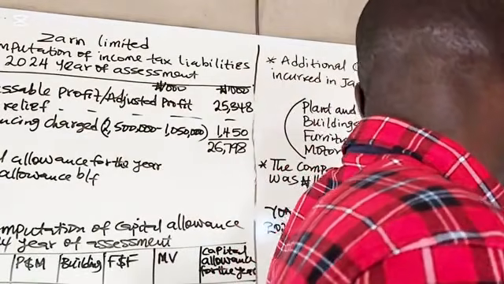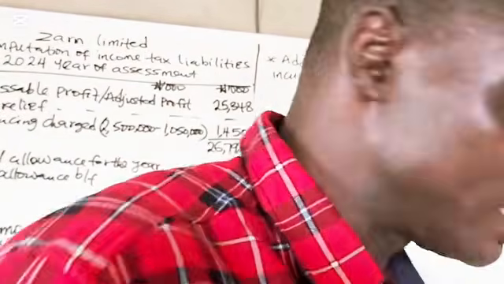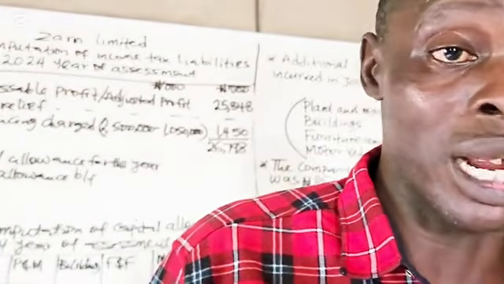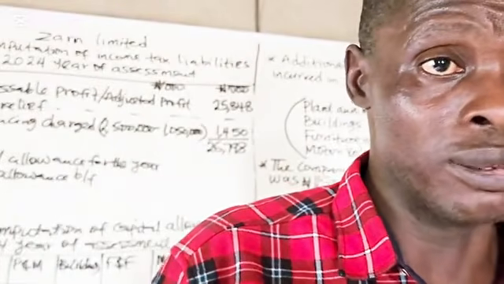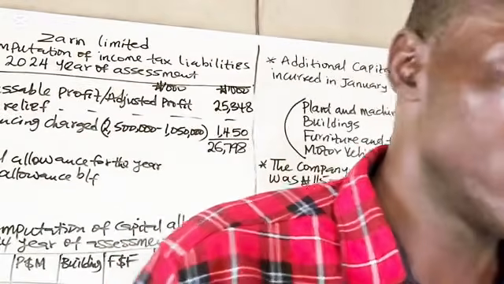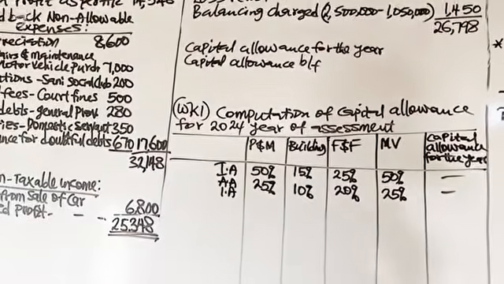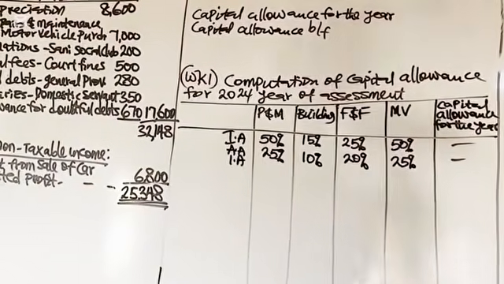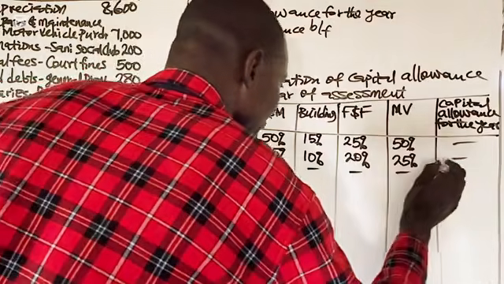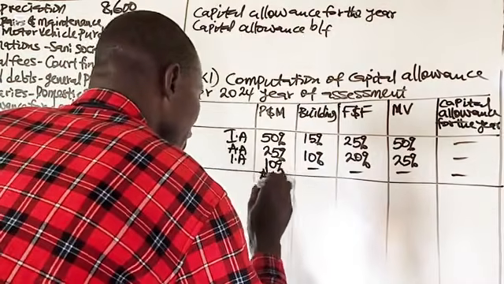If acquisition date is from September 2023 onward, no investment allowance is required. Therefore, we are going to include the investment allowance on plant and machinery at the rate of 10% of cost. So we have 10% for investment allowance. So amount in thousand.